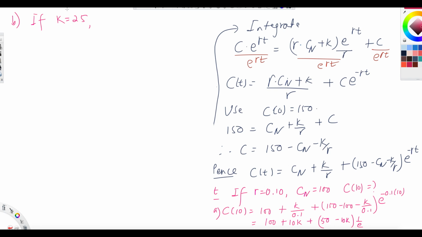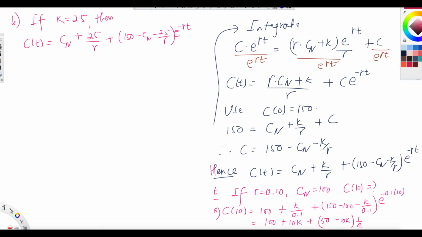In this case we want to use this equation, not the part A one. Then C(t) equals Cn plus k over r, that will be 25 over r, plus 150 minus Cn minus 25 over r, times e to the negative rt.